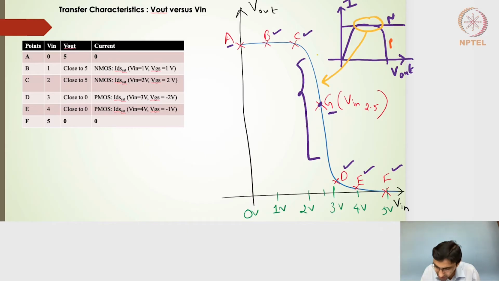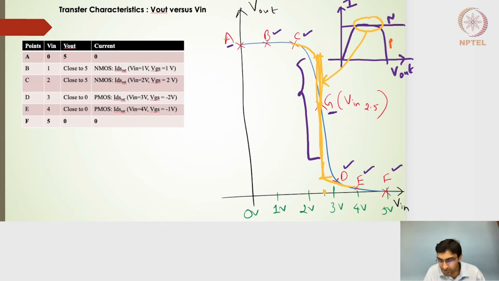I've drawn it a little bit like a slope line, but it should not be a slope line. It should be a straight line along the point G. The transfer characteristics should look something like this. That is the series of intersection points. I've picked one point G where the input voltage is 2.5, where we get a series of output node voltage values. That is called the transition region.